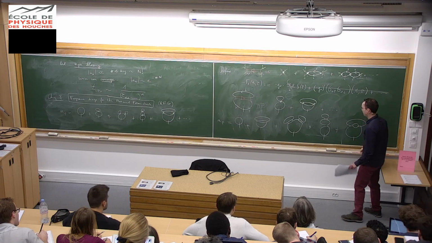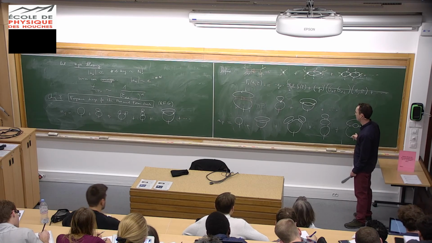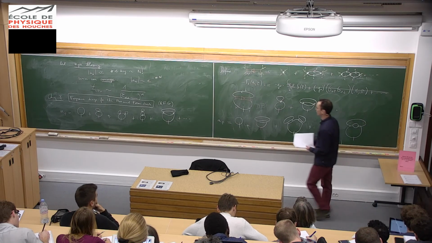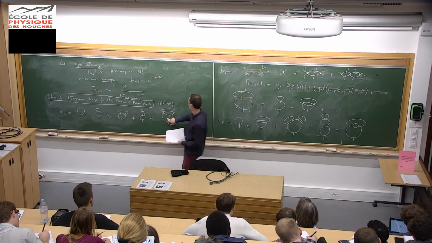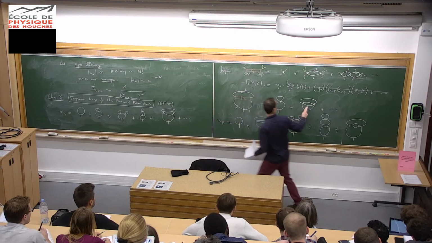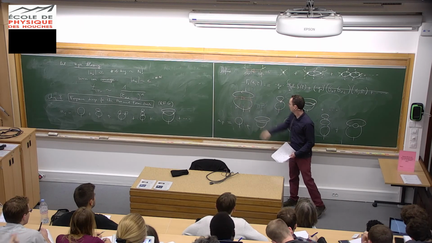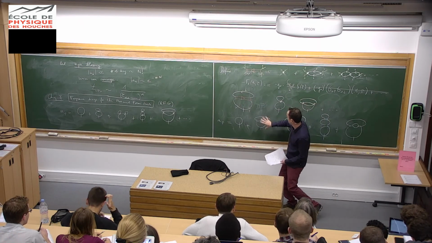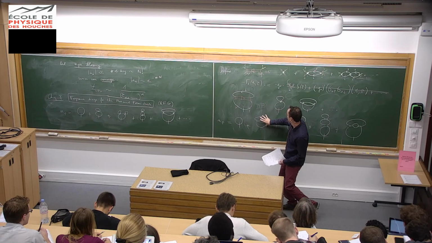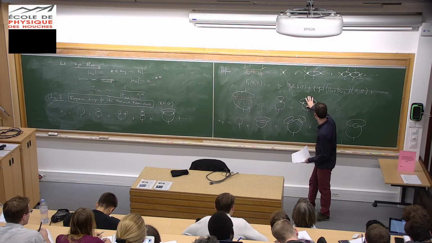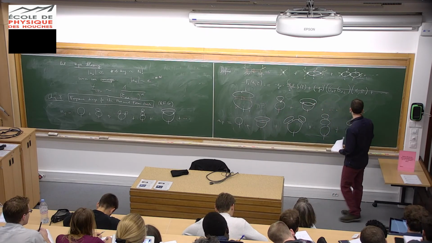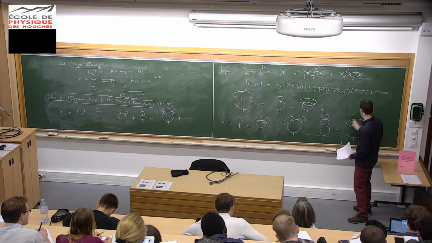But actually here you need to be a bit careful, because you see that this guy is already contained in this one. Because we already wrote down this one, we already generated this one, and in fact we generated all the ones corresponding to this.